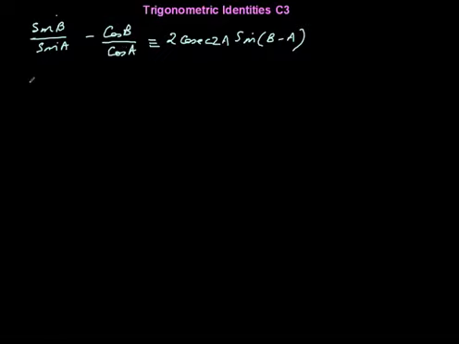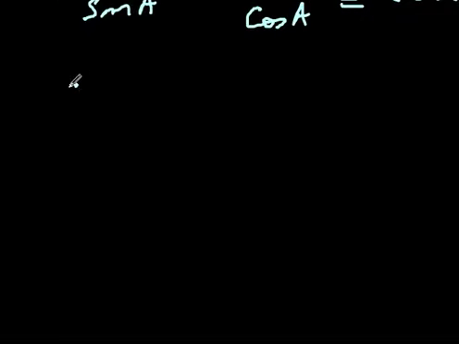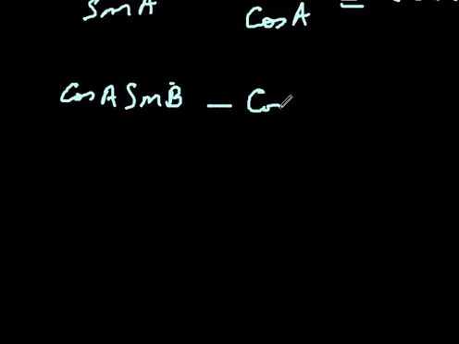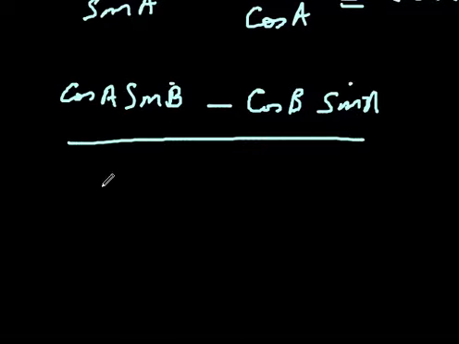If I multiply that, I get cos of a sine of b, and if I multiply the second by sine of a, I will get cos of b sine of a.